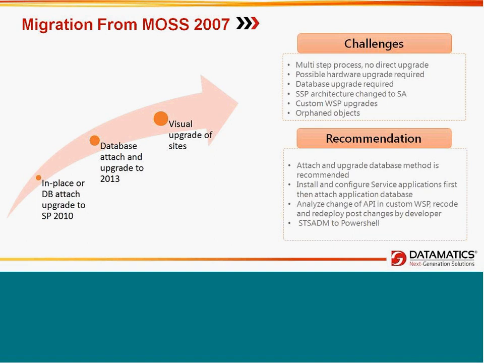The earlier versions also did not support the different device channels. So if we are upgrading them, we need to have a closer look at the custom master page before we upgrade.